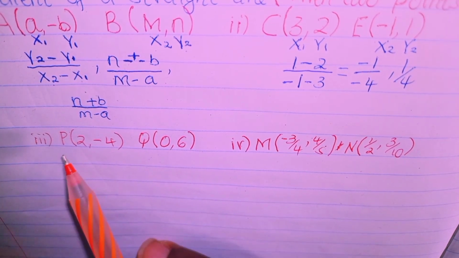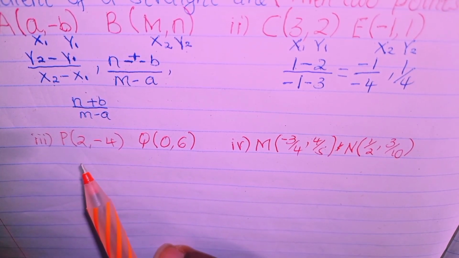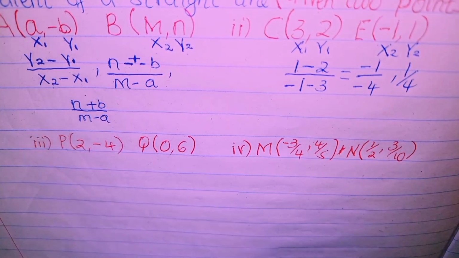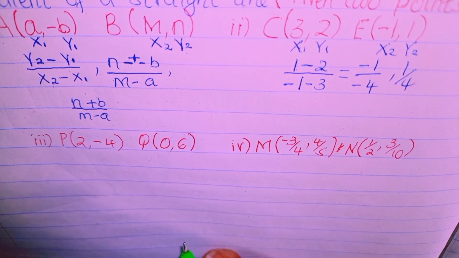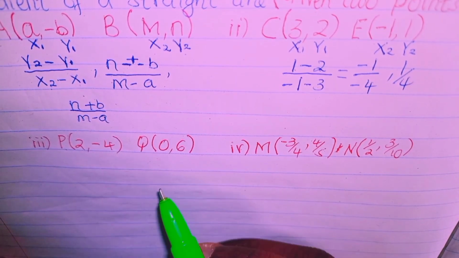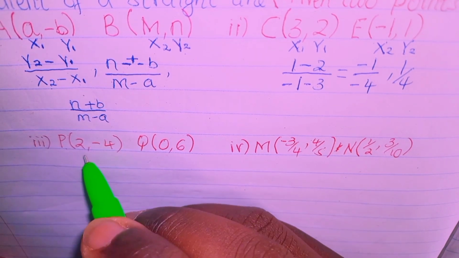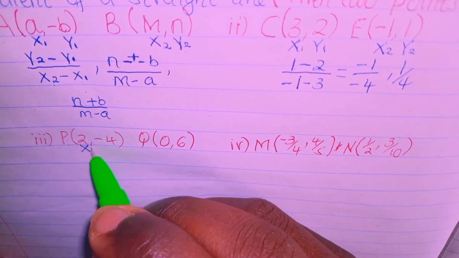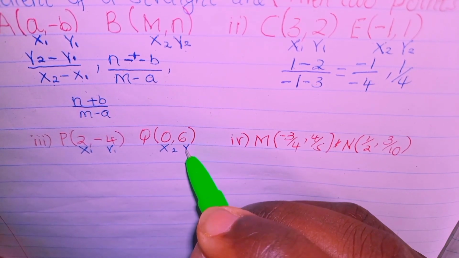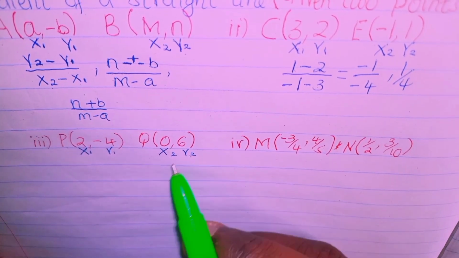So we have our point P, which is 2, negative 4, and point Q as 0, negative 6. Let's apply the same formula to calculate the gradient or the slope. This one can be x1, y1, x2, y2. This is y2 minus y1.